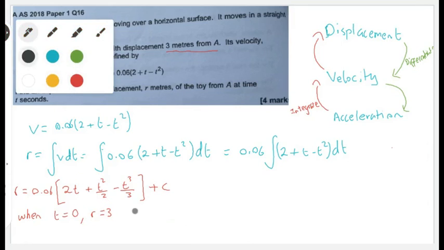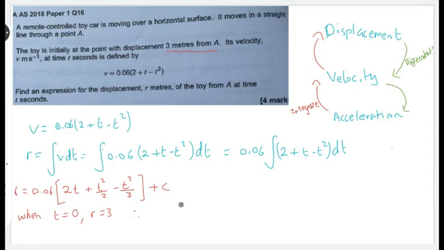So therefore, we can substitute all of that in. So we get 3 for r, and that equals 0.06 multiplied by, every term here has a t, so that actually becomes 0, and then plus c, which results in c being equal to 3.